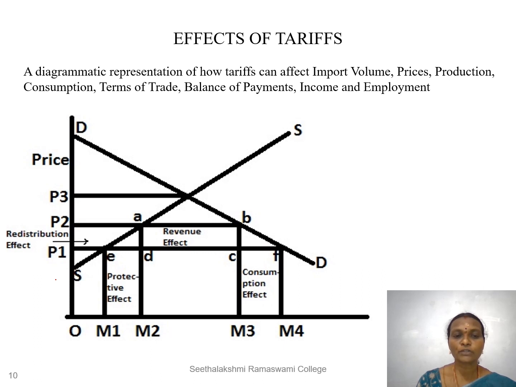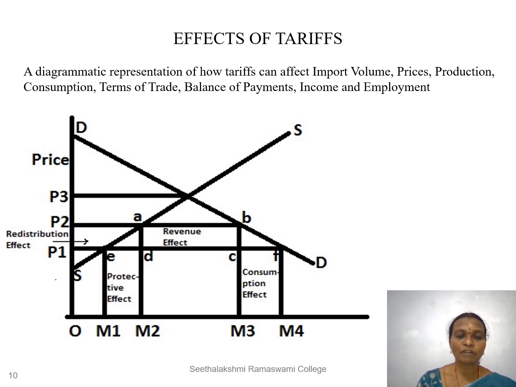Next we are going to see the redistributive effect. The redistributive effect is concentrated on two sides: one is the producer side and the other is the consumer side. First we will see the producer side. Before the tariff, the producer was able to produce only OM1 quantity of goods and the price was OP1.